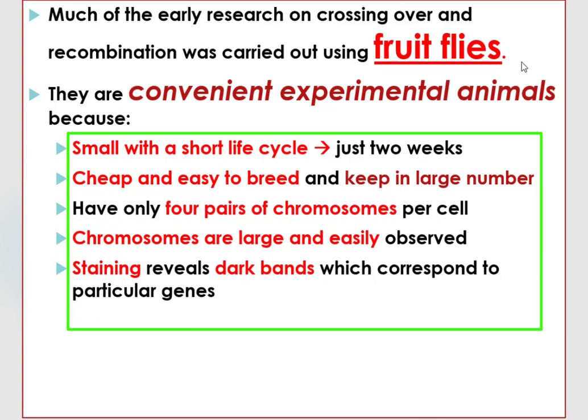Second, fruit flies are cheap and easy to breed and keep in large numbers. Third, they have only 4 pairs of chromosomes per cell. Fourth, chromosomes of fruit flies are large enough to be easily observed. And fifth, staining of chromosomes reveals dark bands which correspond to particular genes.